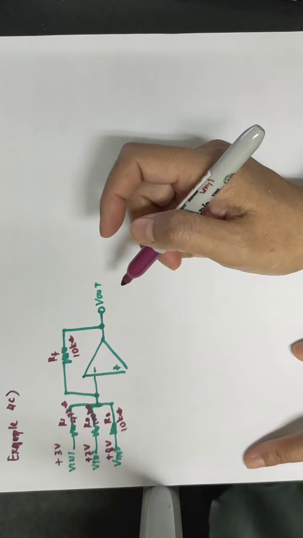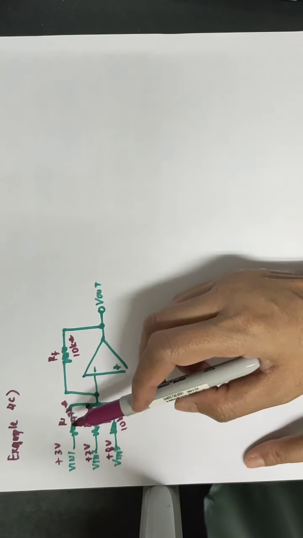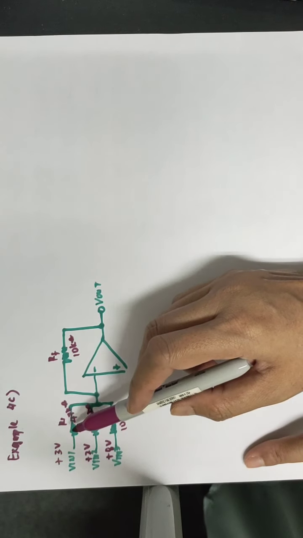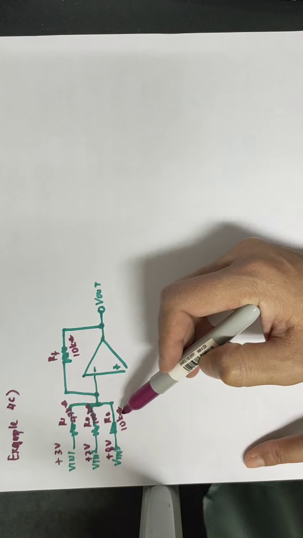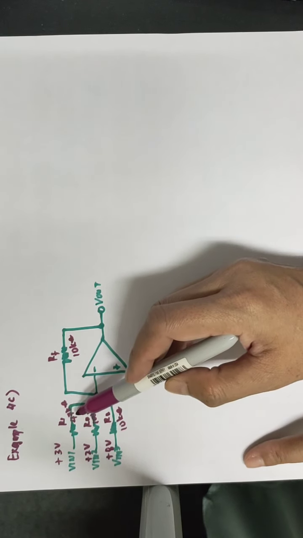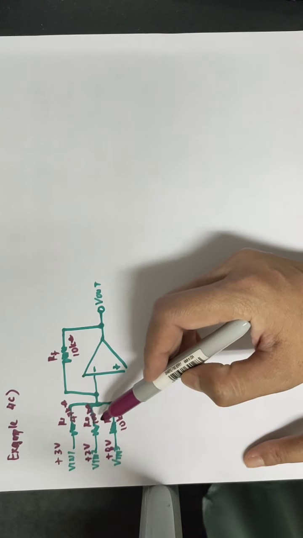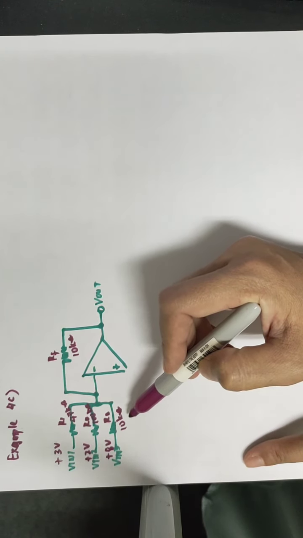For example 4C, if you refer here, there are 3 inputs, R1, R2, and R3. R1 is noted as 47 kilo, R2 100 kilo, and R3 10 kilo.